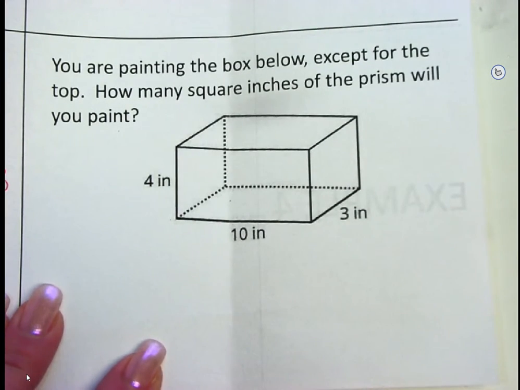We will have the rest of class to finish up that problem, and we'll start class by looking at it tomorrow. And that's our lesson on surface area of rectangular prisms.